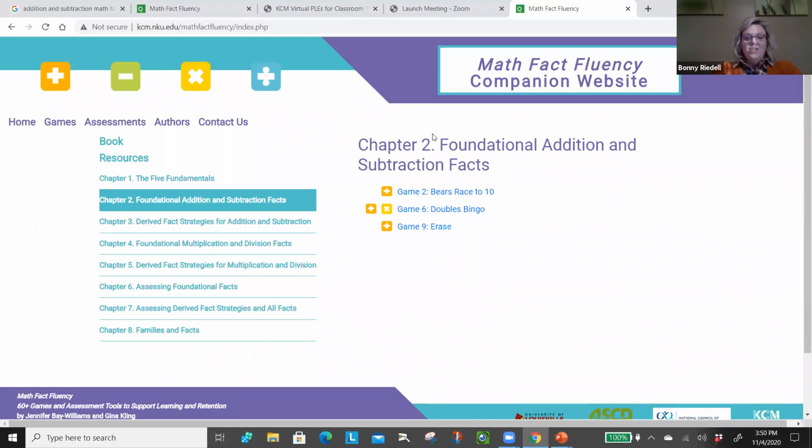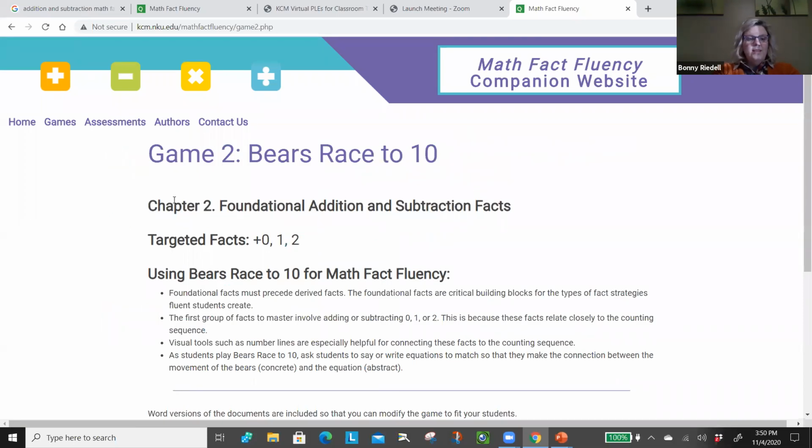Okay, so in chapter 2, we're focusing on the foundational addition and subtraction facts. Those are plus 0, 1, and 2, the doubles, the plus 10, and the combinations of 10. So if you click on Game 2, Bears Race to 10, you're going to see what the targeted facts are.